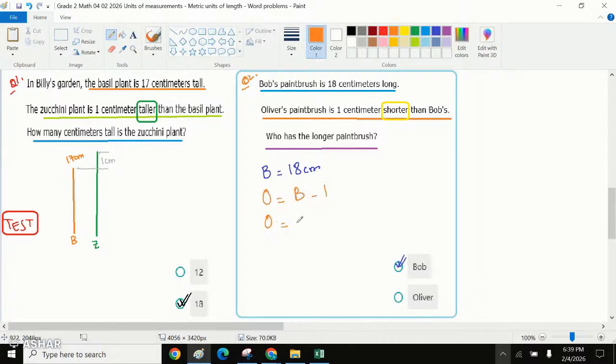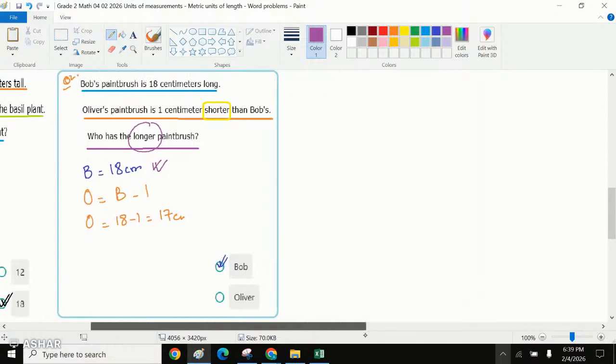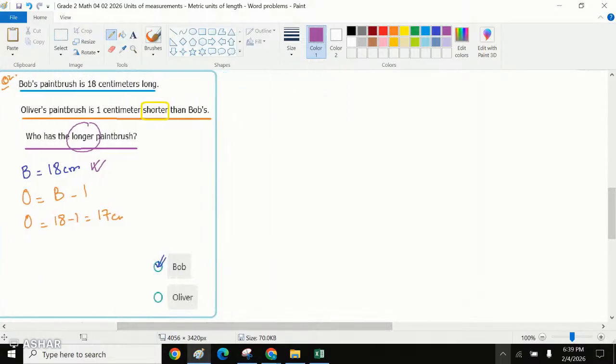That means Oliver would be 18 minus 1, that would be 17. And we are looking at the longer. That means Bob has the longer, right? Okay. Thank you, Precious.